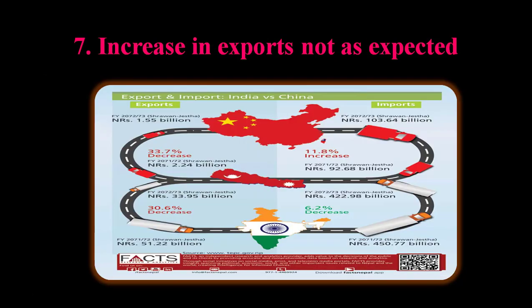And the seventh one, increase in exports not as expected. Due to slow increase in production, use of traditional technology and inefficient production, our goods are not competitive in the export markets. Our policy was more inward looking.